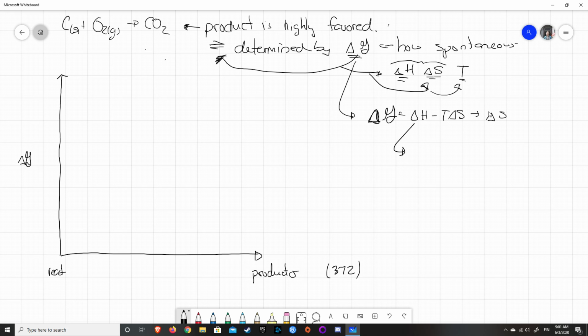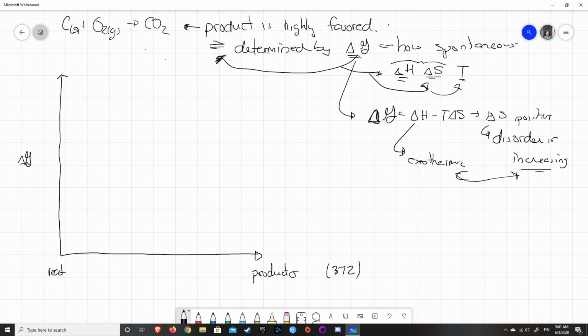We want this to be exothermic. And we want our delta S to be positive, which means that the disorder in the universe is increasing. So we need these two things to come together.